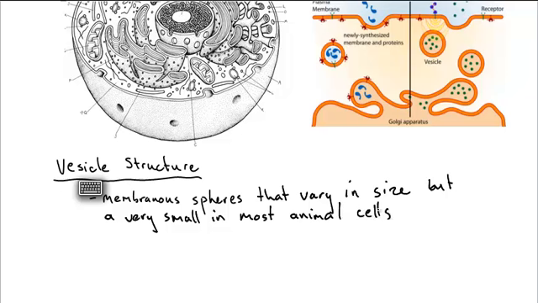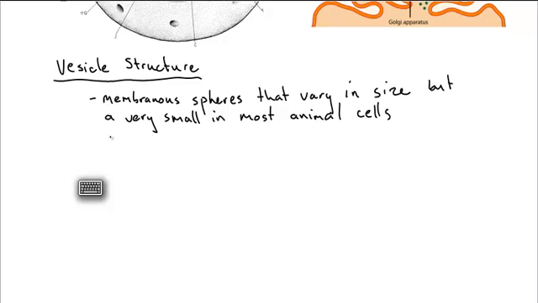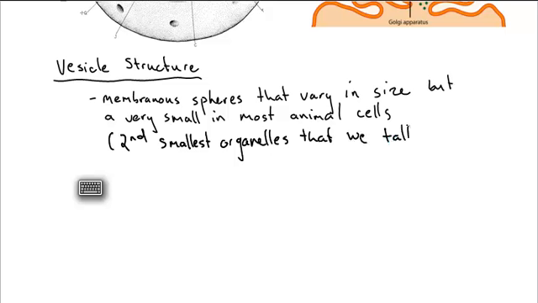So they're the second smallest organelle we'll talk about, ribosomes being the smallest. There are some that are just as small in diameter but much bigger in length.